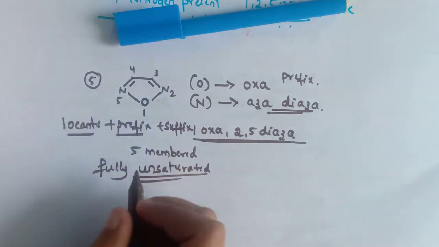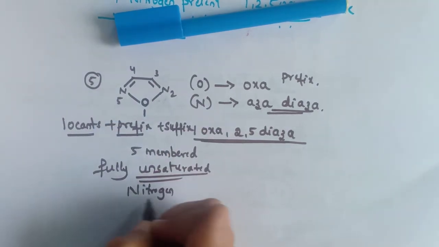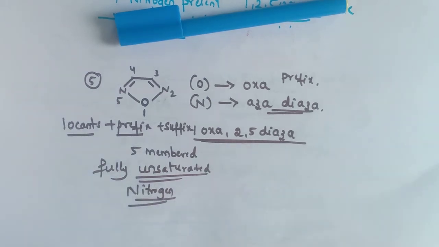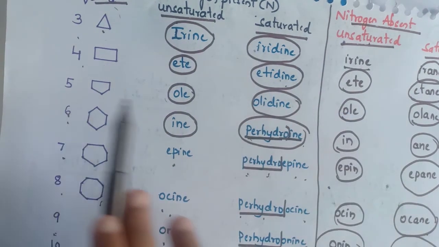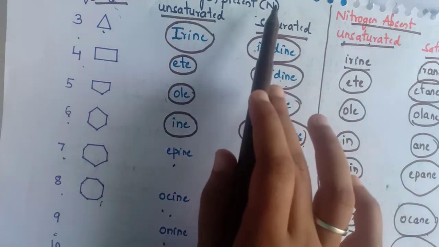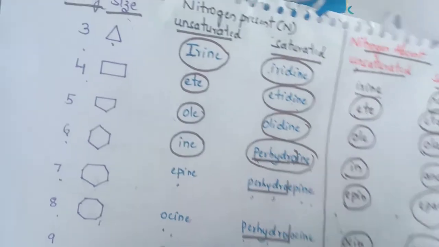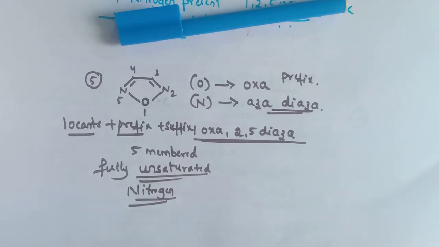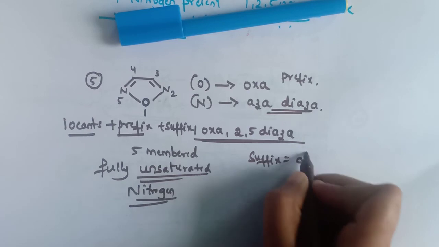And nitrogen is also present. According to this, we should see the table and name it. Consider this table: it is unsaturated, a 5-membered ring, and nitrogen is present. For this, ole is the suffix to be used.